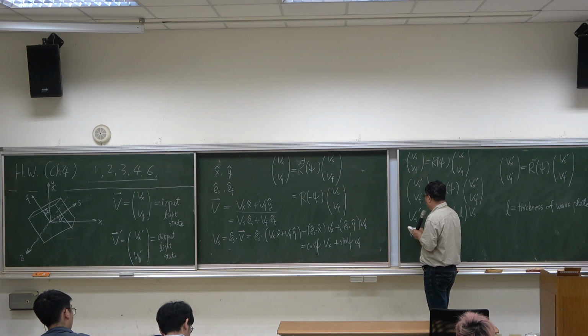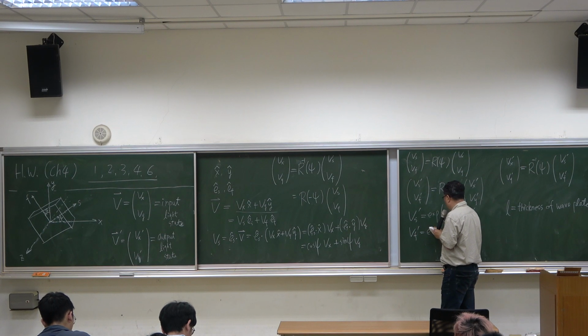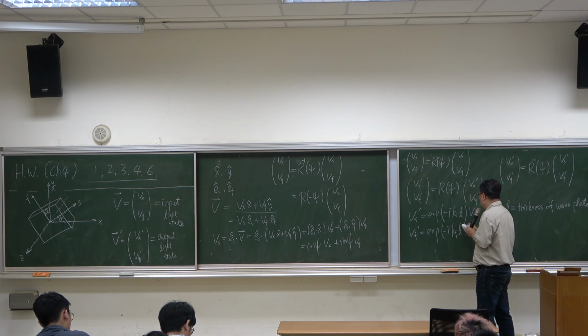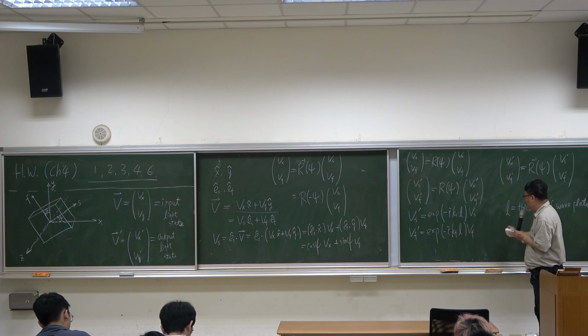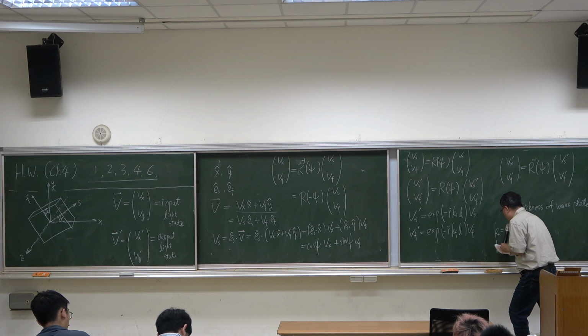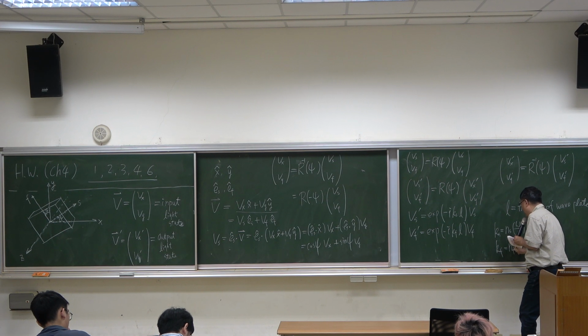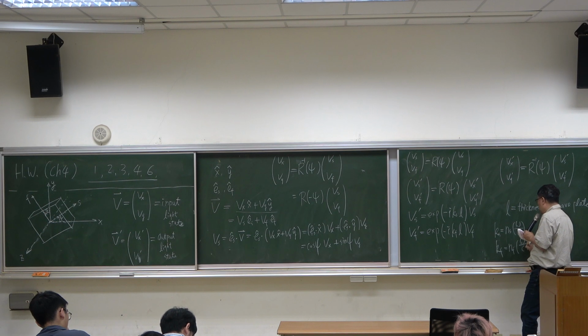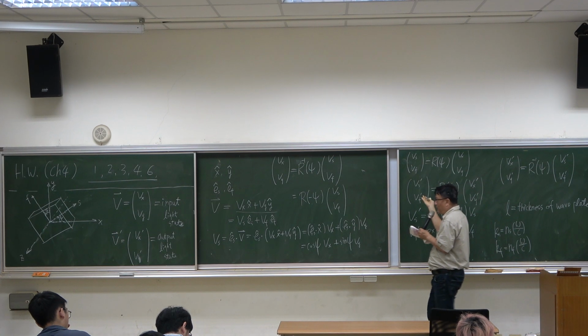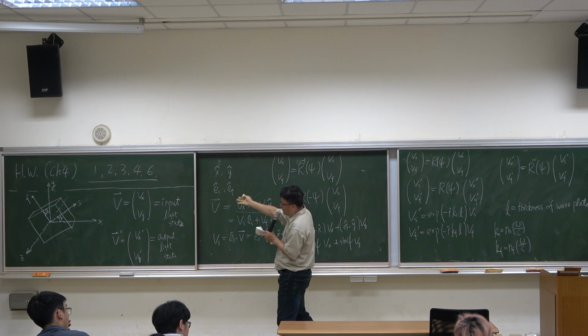And Vf prime is equal to exponential minus i K fast times L times Vf. Here Ks means Ns times omega over c, and K fast equals N fast times omega over c. Okay. Here slow or fast means one of them is O, the other is E.